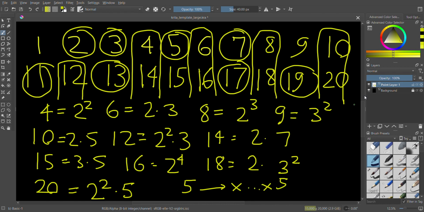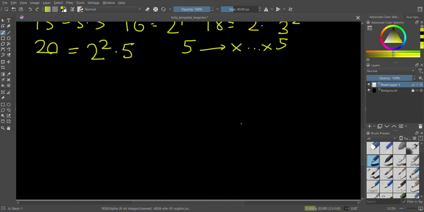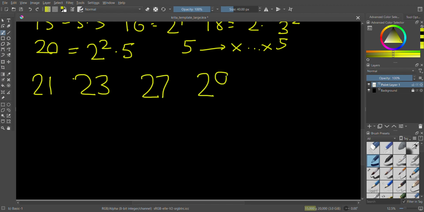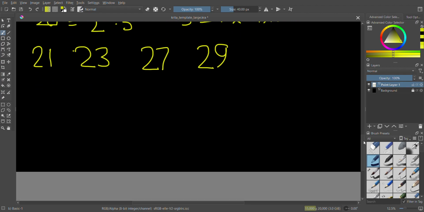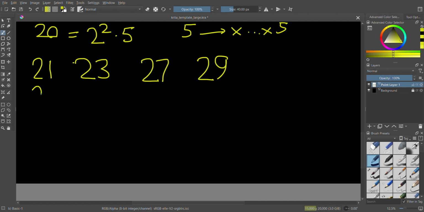All right, so now when we narrow down to the next range, we start with 21, we can really go fast. Why? Because we can do 21, 23, 27, 29. So I'm going to just write down these 4 columns. Well, actually, I ran out of space down here, but I'll do some more somewhere else.